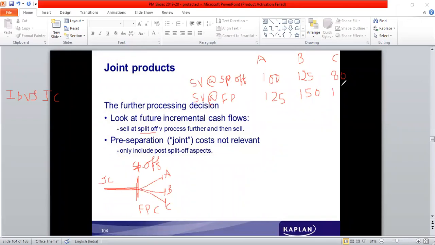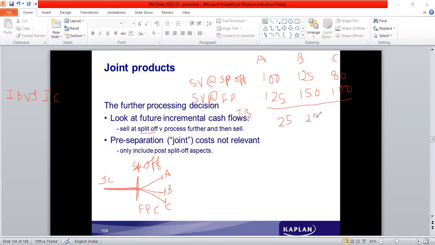So what should we do? We should find out the incremental benefit. The difference between these two selling prices is the incremental benefit. Incremental benefit here is 25. Here also it is 25.